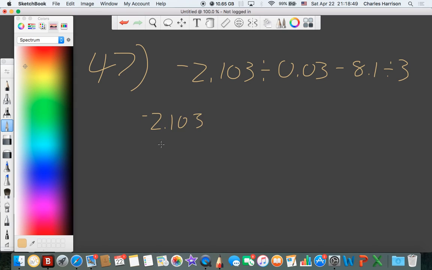I have this, and I'm dividing by 0.03. I'm going to move this over 2 places, and then I'm going to move this over 2 places. So now really I'm doing 3 into 210.3. How many times does this go into this? It doesn't. How many times does it go into 21 though? 7 times.